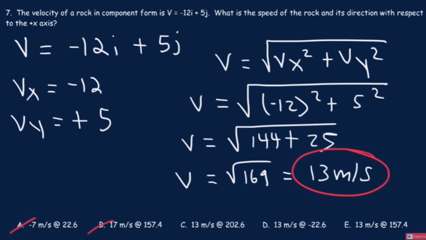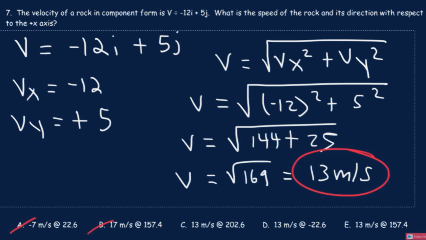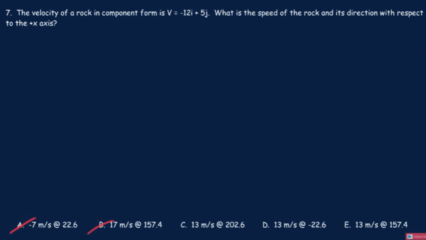Now, the next thing we need to do is calculate the direction of the angle. So we can graph it using the components. Let's draw a graph. The x component has a value of negative 12, so we have to travel 12 units to the left.